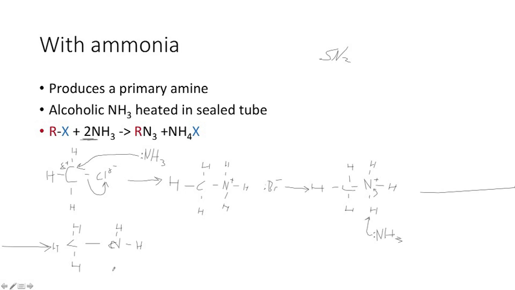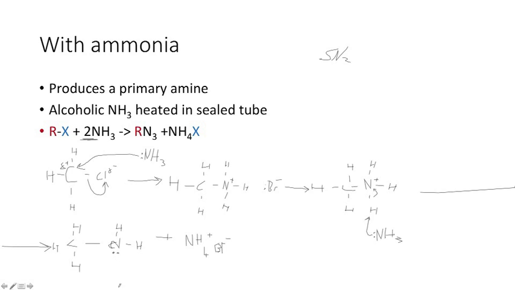This product. Now, the problem with this, if you've spotted it already, is that we're also going to have a lone pair on here. So as well as getting our other product, which is going to be a salt, as this has broken off with the, oh sorry, it's Br we were using, with this.